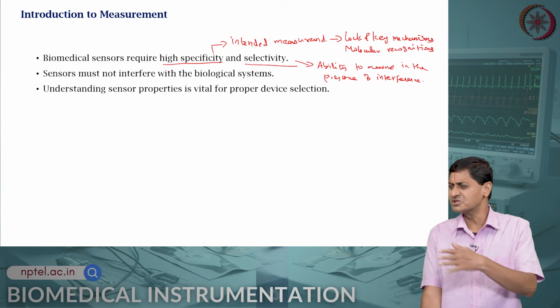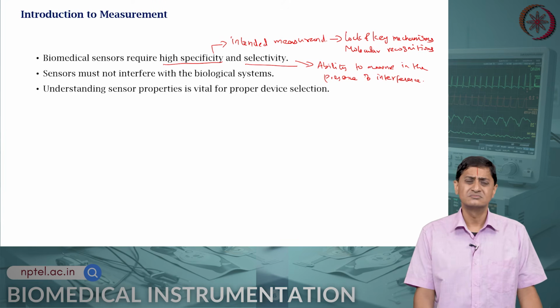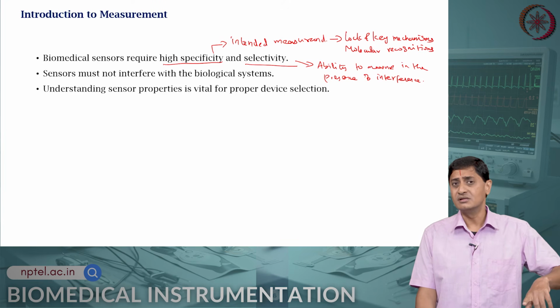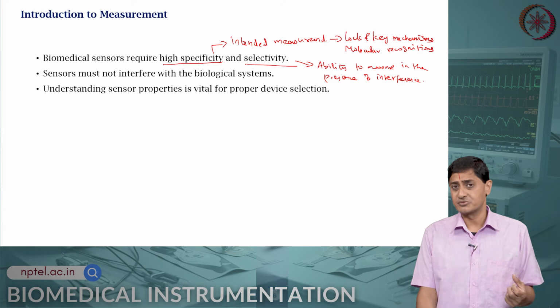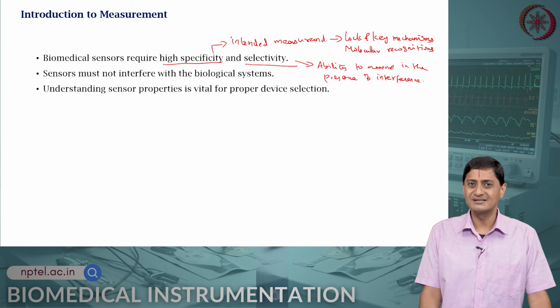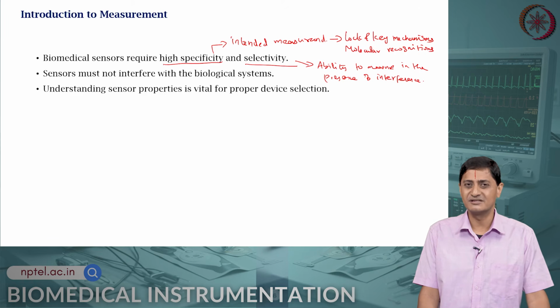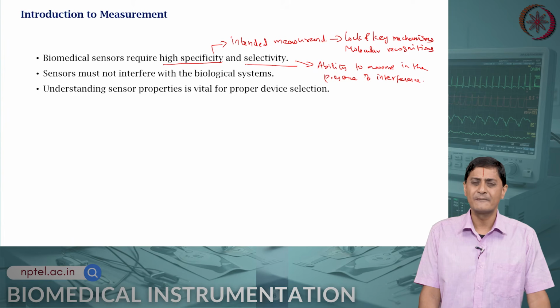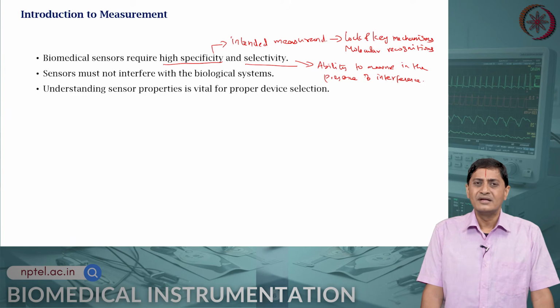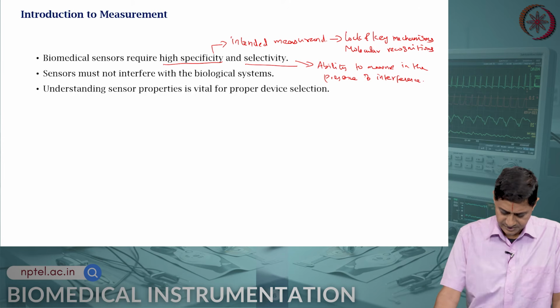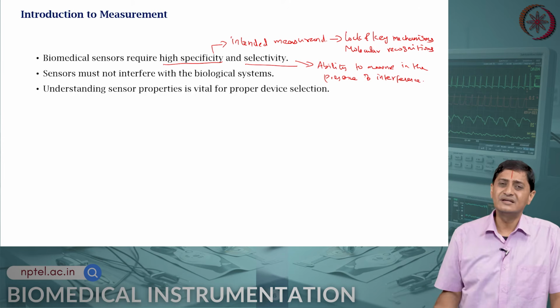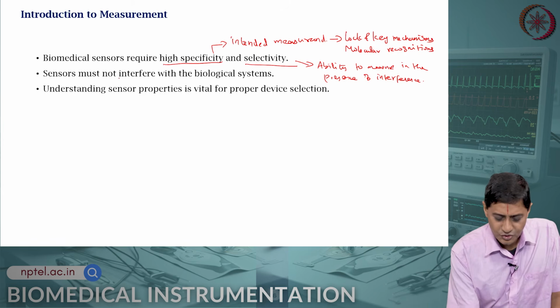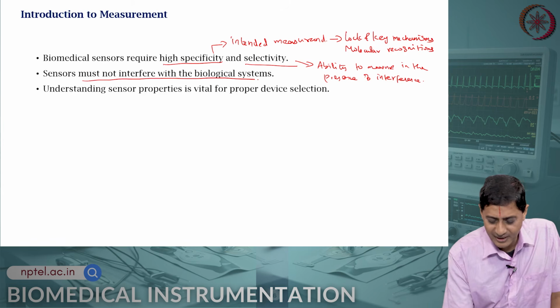For example, it is impossible to remove ambient noise, but I am interested in having a high quality, highly selective measurement. How to do that? That is high selectivity. That is the ability of a given sensor or transducer to measure in the presence of interference, right. Critically, your measuring system should not interfere with the biological system.